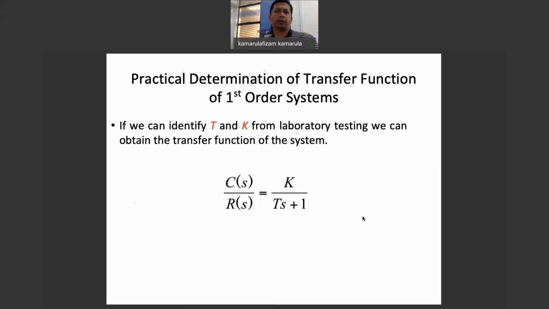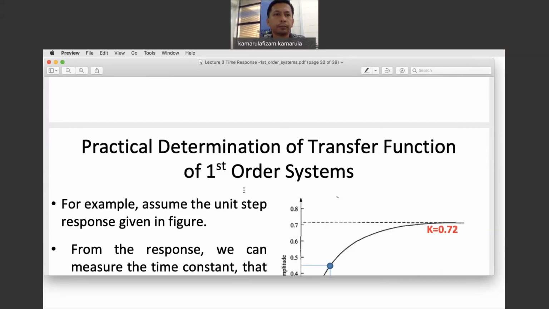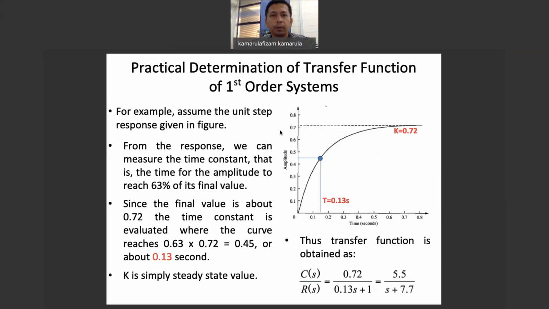Practical determination. Another way to find the system transfer function is to analyze it from the graph.